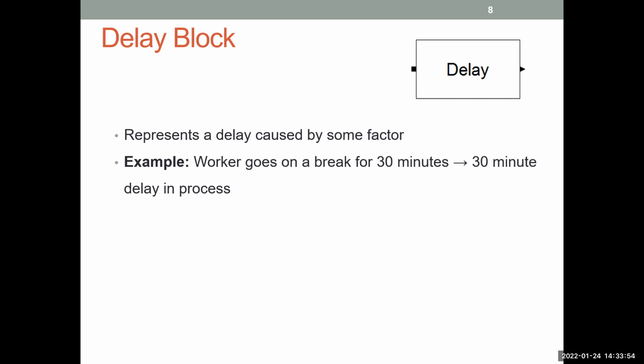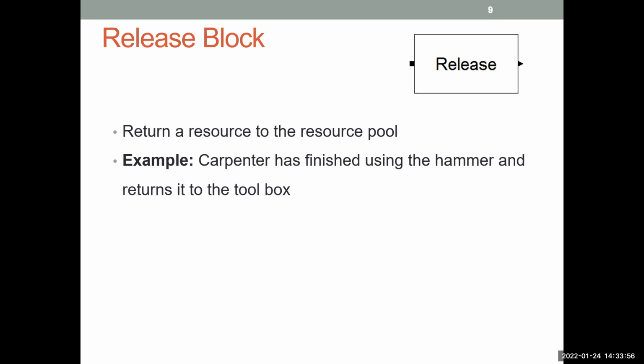And typically that block is going to be connected to a release block. So once the entity leaves the delay block, it's going to be transferred to this release block. The release block is going to release the resource that is being used or was used by the entity. So it will return a resource to the resource pool.